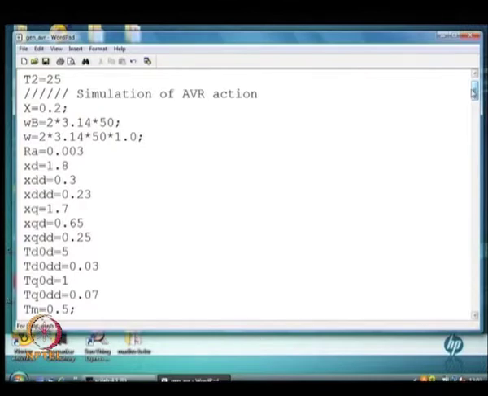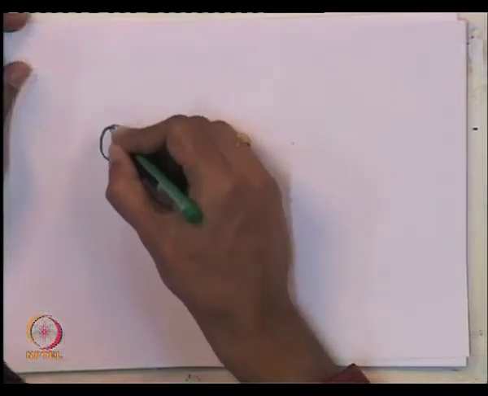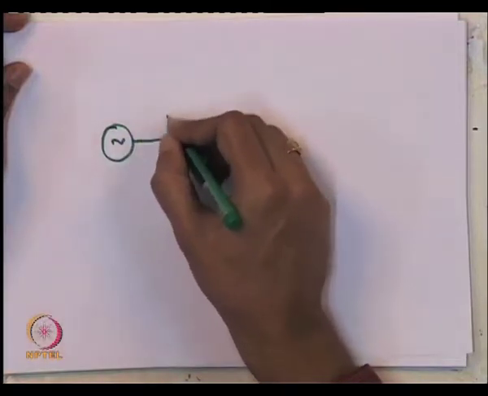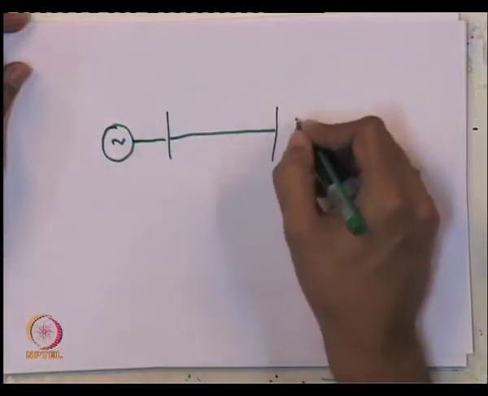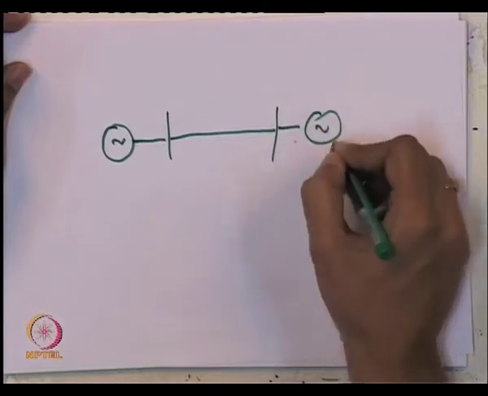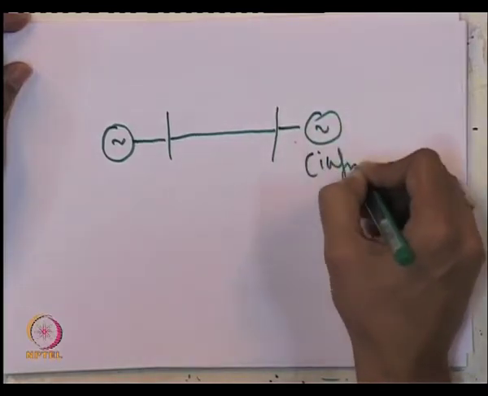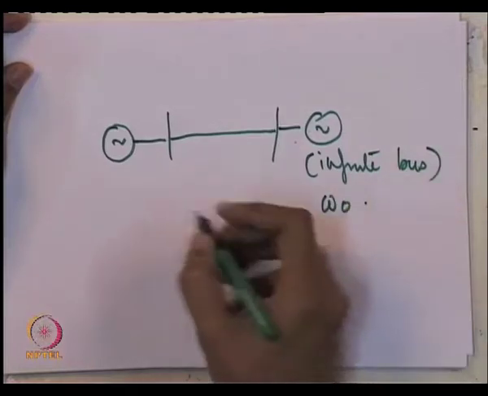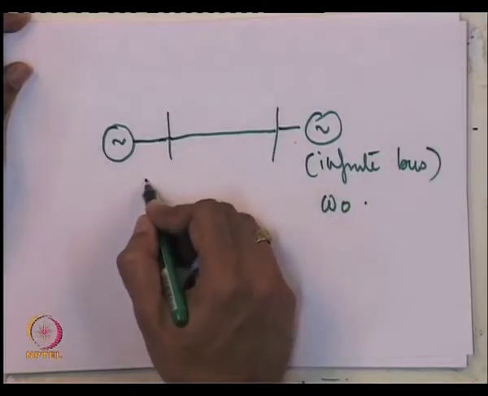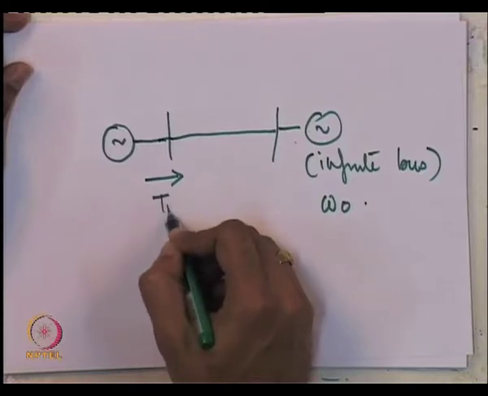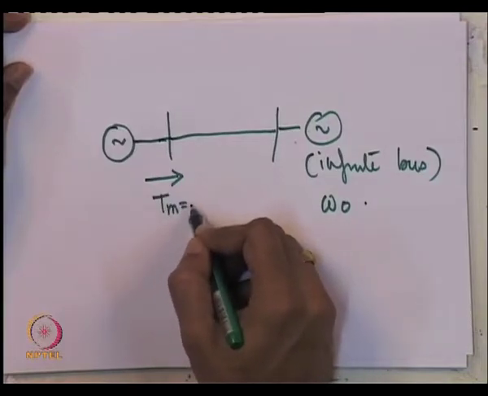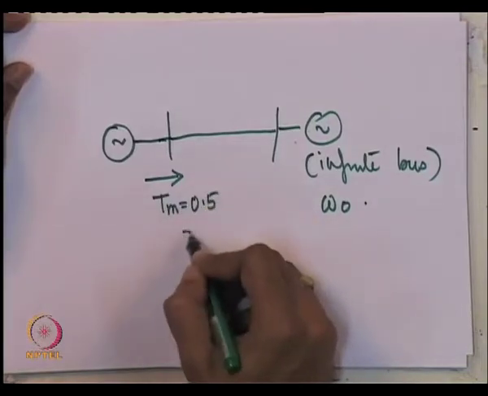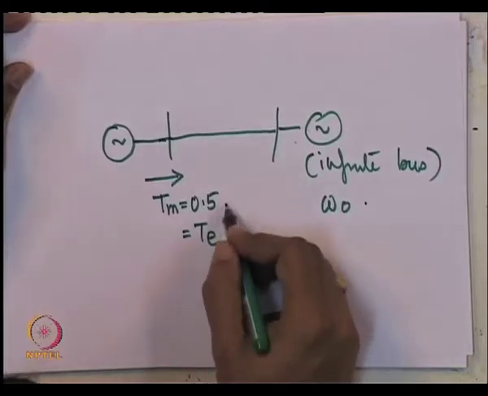You have a synchronous machine connected via a transmission line to a fixed voltage source. We call this an infinite bus of frequency omega naught. The machine is assumed to be operating at a mechanical power output of 0.5, which is equal to the electrical power output in per unit.